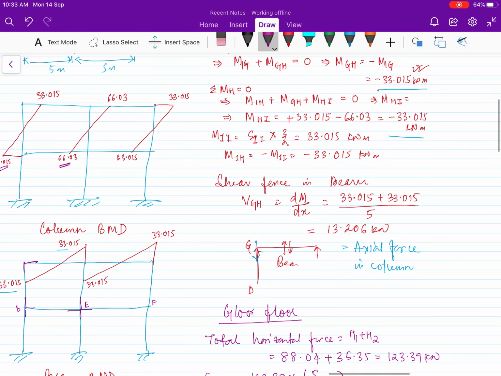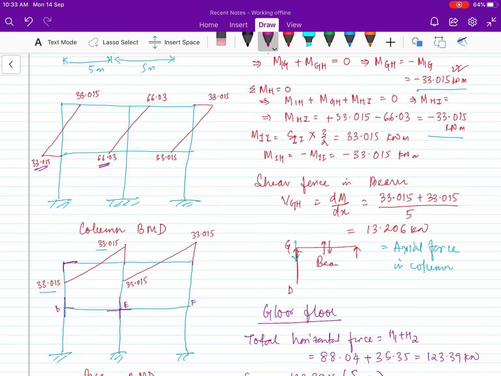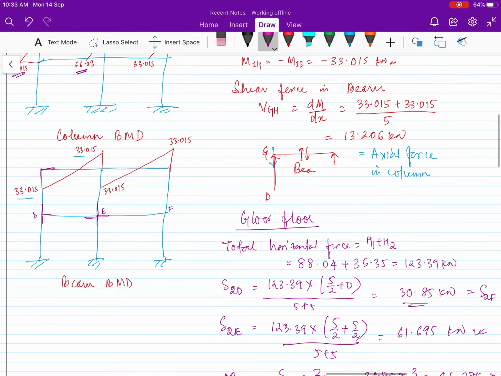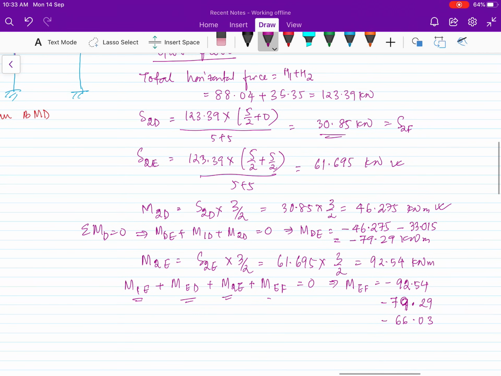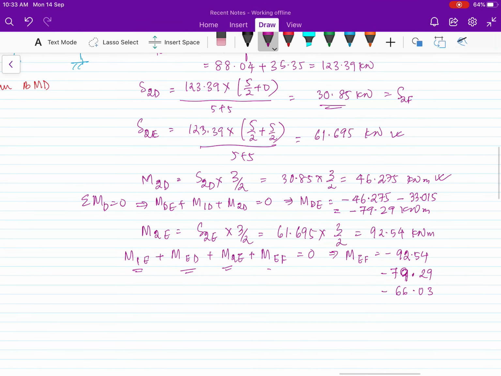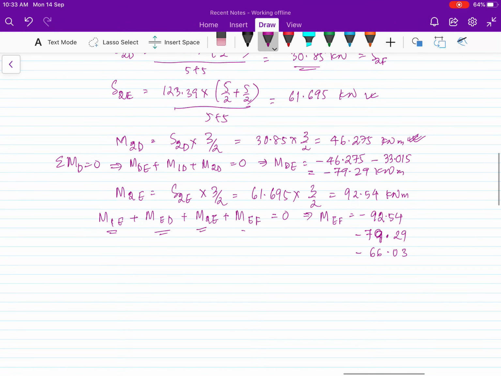Okay, 66.03 from the upper column, and from below we have got 46.275 is 2D. So this 92.54 is 2E. So 92.54, 79.29 from the beam, and then 66.03.